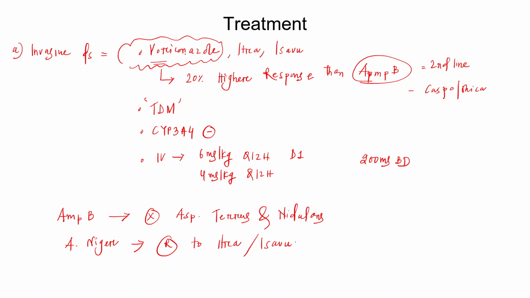Now the last point is regarding the duration of treatment. The duration may vary from 3 months to 1 year, depending on the response to therapy, and also depending on the degree or duration of immunosuppression that the patient is having.